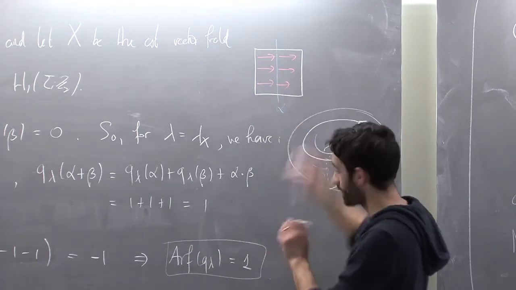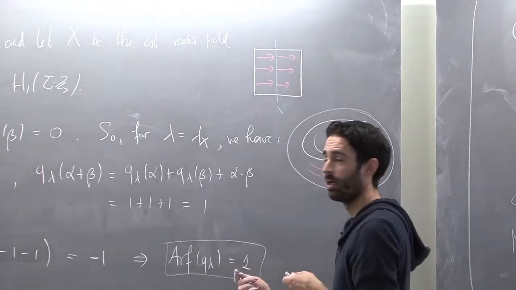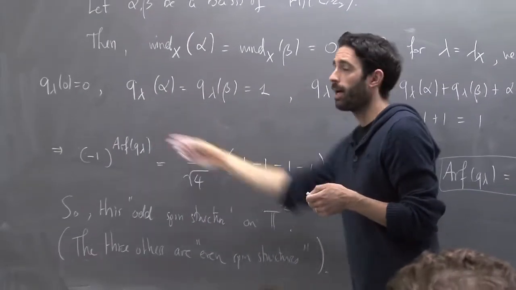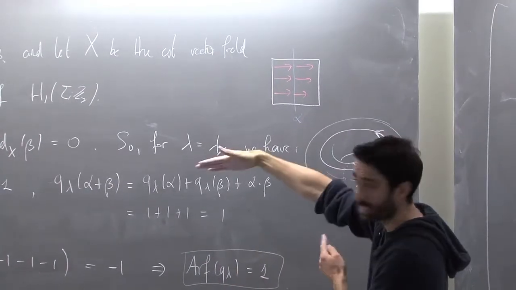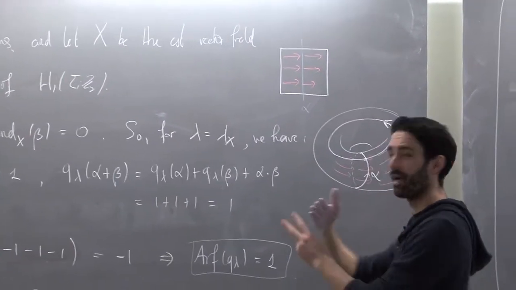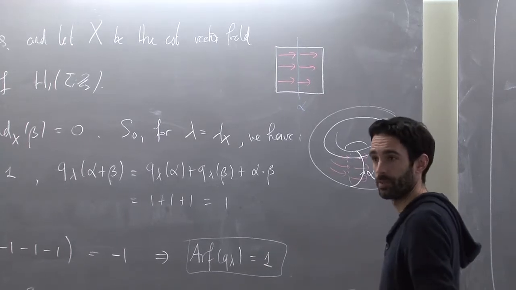So that each time you cross it, you're actually making a twist. This will change this into 0, and that gives you another spin structure. And if you want to have another one, you do it along beta, and if you want the last one, you do it along alpha and beta, and you have the 4 different spin structures. Okay.